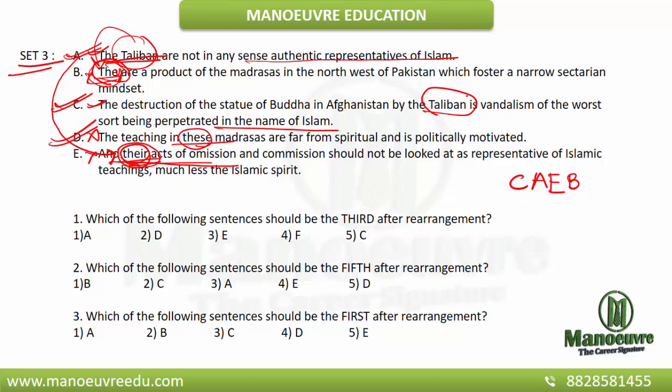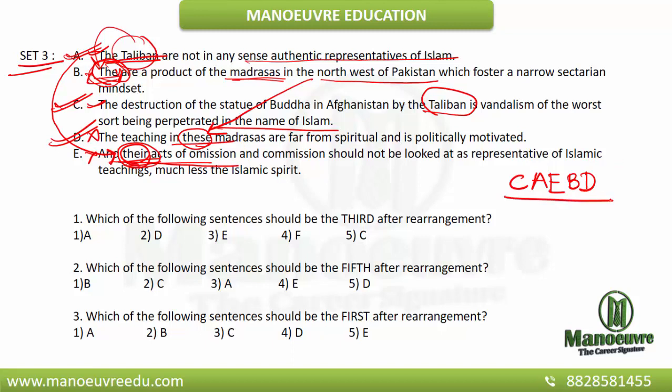Here I've already mentioned madrasas, and they are situated in the northwest of Pakistan. In statement D, I'm saying these madrasas are far from spiritual and politically motivated. So statement D is going to be my ending statement in this paragraph.